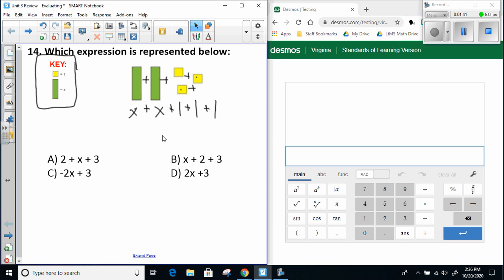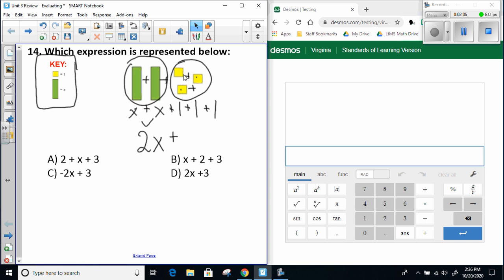And so now what we're going to do is we're going to simplify. And we really could do this just by looking at the picture. Instead of writing x plus x, I can go ahead and circle and group all of my x's together. And that is the same thing as 2x. And I'm also adding that to all of my 1's, all of these yellow squares. So I can circle all of my yellow squares.